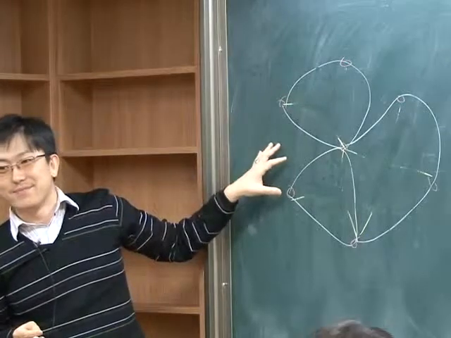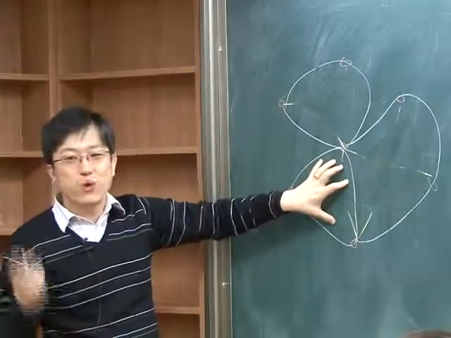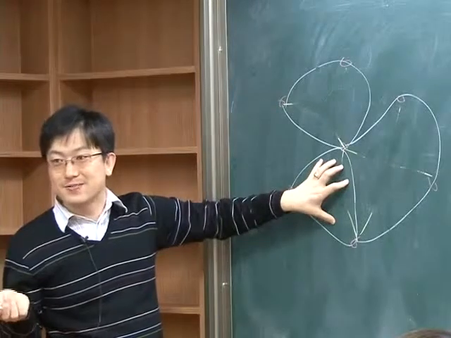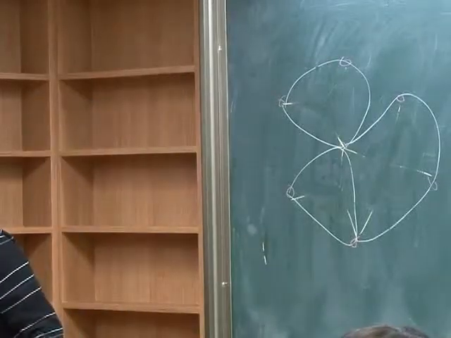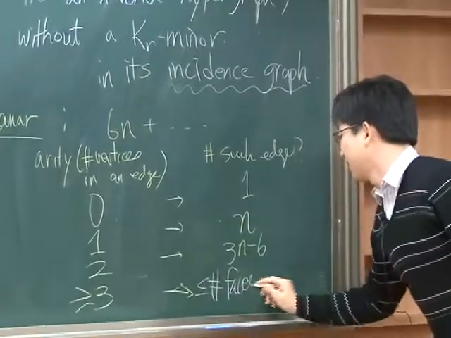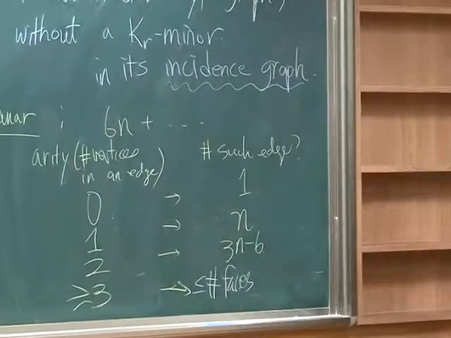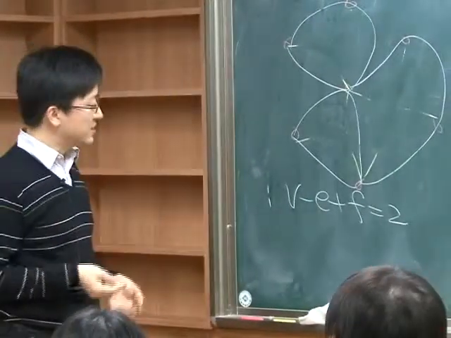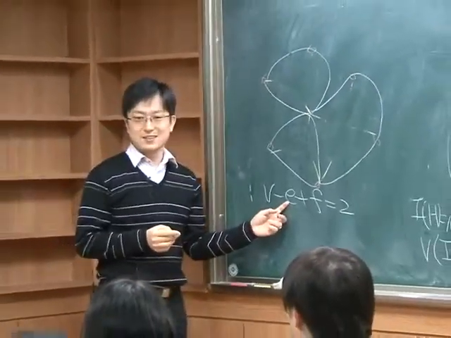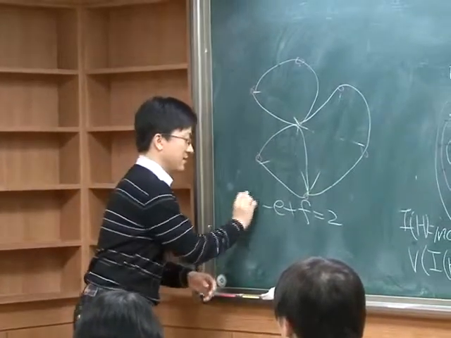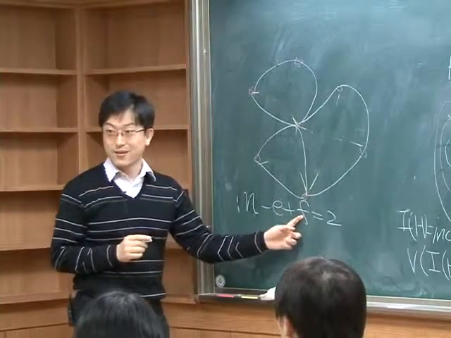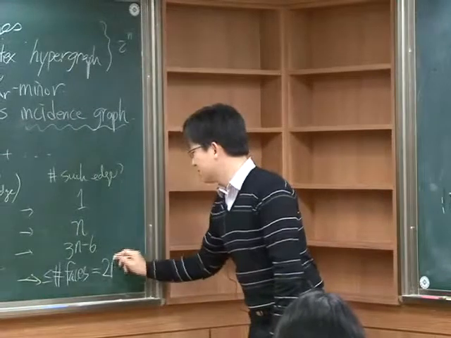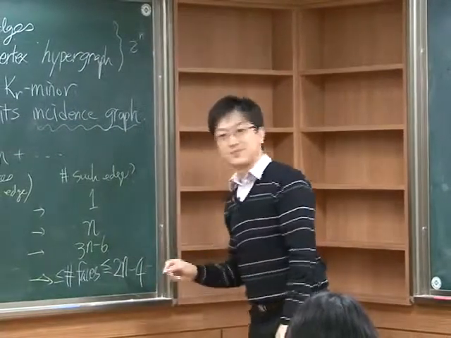Each face can contain at most one edge vertex of the instance graph. So that's at most the number of faces in a planar graph. Assuming it's connected, if the number of edges is 3n minus 6, then the number of faces is at most 2n minus 4.